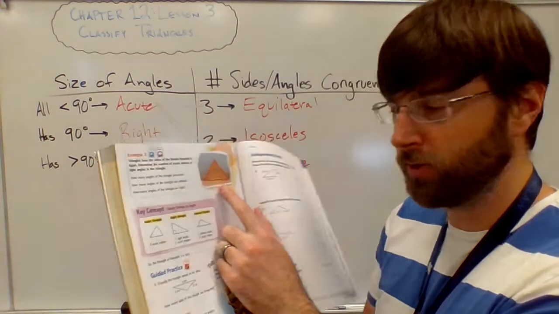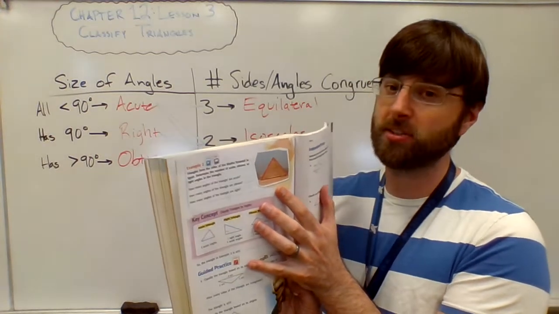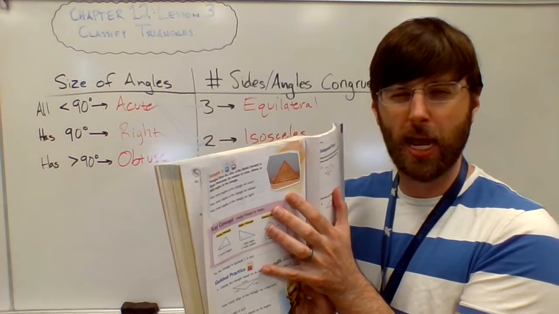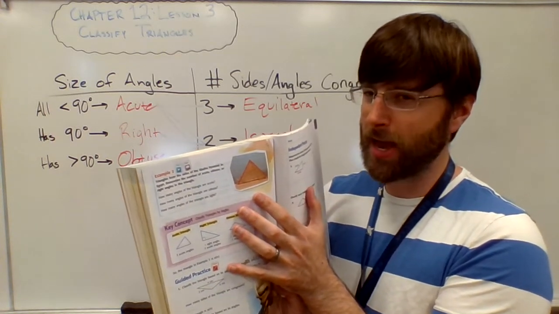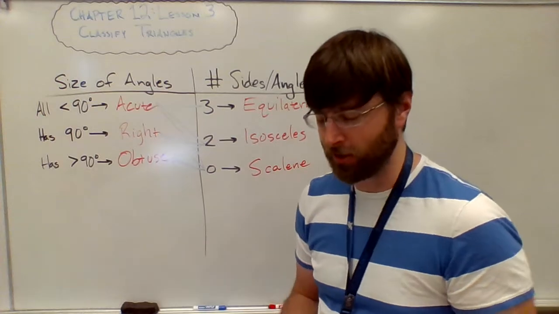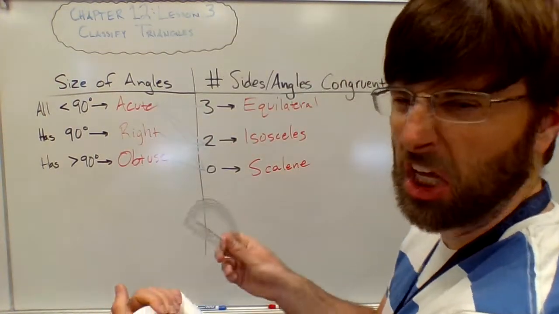Classify this triangle. At a glance, when I quickly glance at it, it appears that maybe all of its sides are congruent. But eyes can be deceiving, so I'm going to get out my ruler. I'm just going to double check.